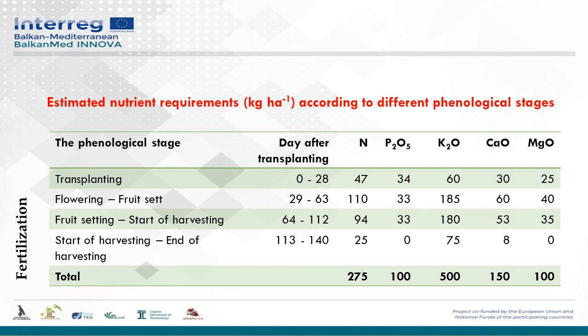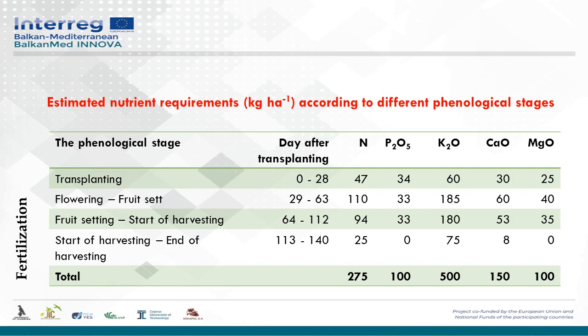I mean, you have to see what type of soil you have, what is the fertility of the soil, how is the plant health, is there competition with weeds, what are the weather conditions, what is the quality of water, and many other things. But anyway, this table is very informative about defining the fertilizer requirements for a tomato crop.